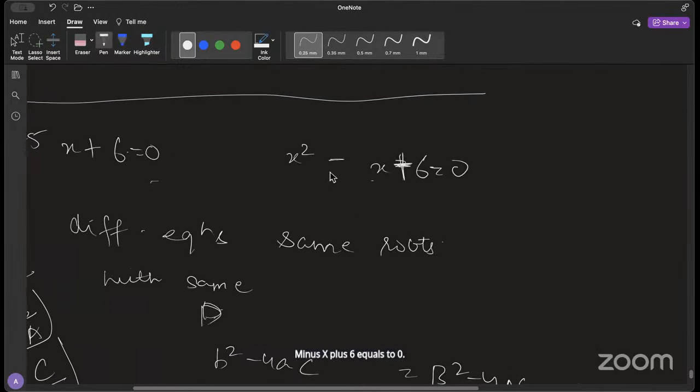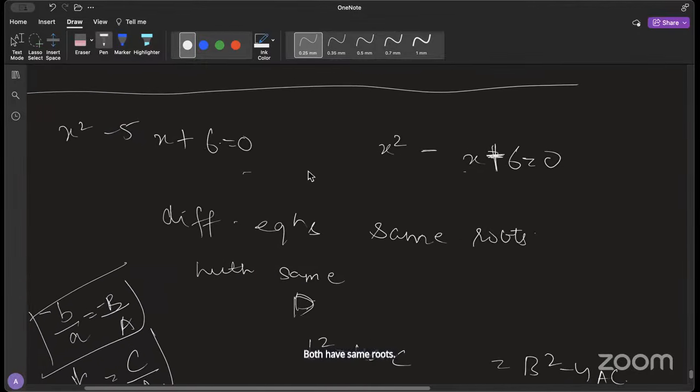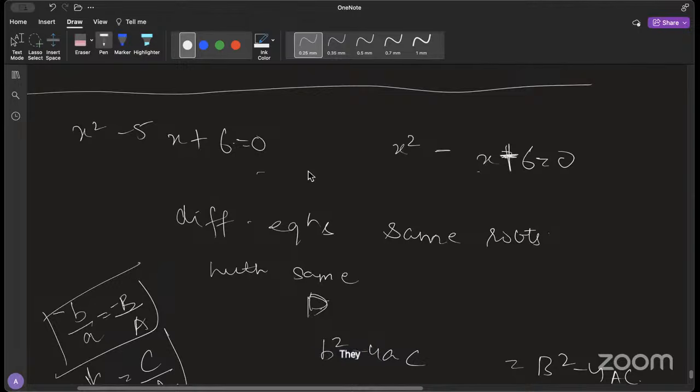Both have the same roots? I don't think so. They cannot have the same roots. It's -3 and +2. They don't have the same roots.